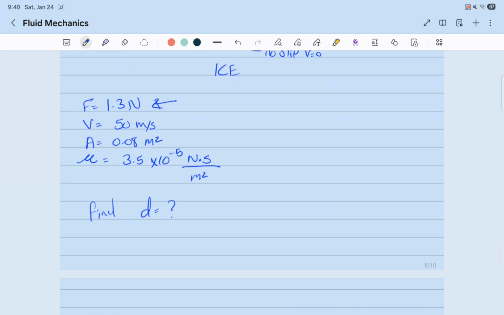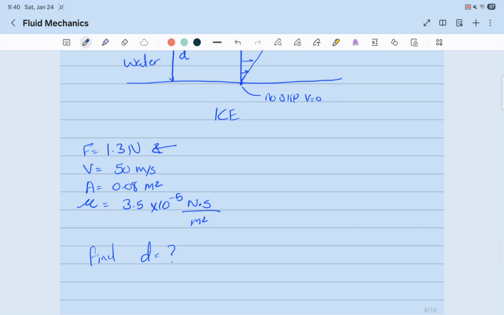Okay, so from the previous class, we know that shear stress equals viscosity times the velocity gradient, which is du/dy.